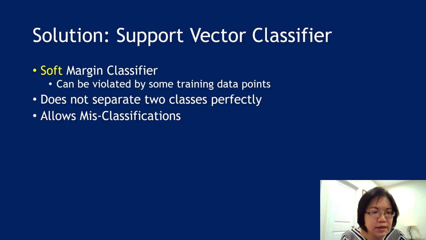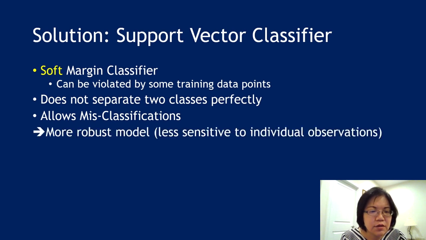Misclassifications are allowed, which, although we introduce more bias at the training stage, we produce a more robust model that is less sensitive to individual observations.